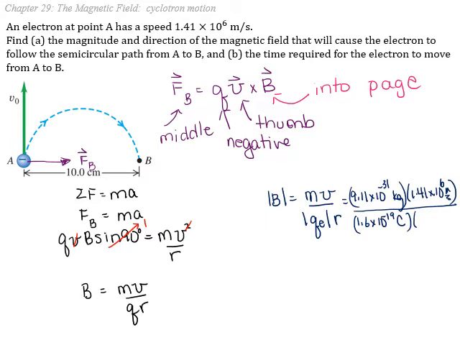The diameter is 10 centimeters, so the radius is 5 centimeters or 0.05 meters. So the magnitude of our magnetic field is 1.61 times 10 to the minus 4 teslas. And then we'll just finish by writing our magnetic field as a vector, 1.61 times 10 to the minus 4 teslas into the page. If you decided to put on a coordinate system and use X, Y, or Z, that's fine too. You can also do that.